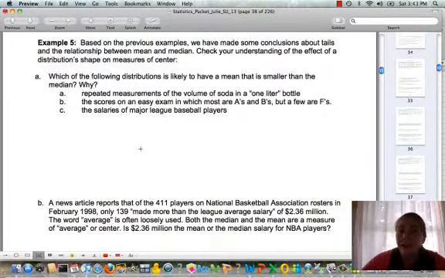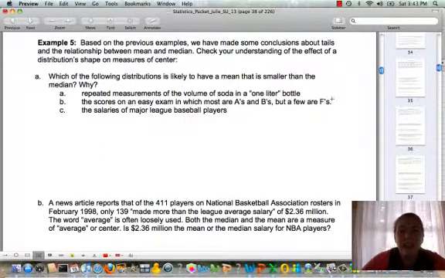Question A in example 5 asks, which of the following distributions is likely to have a mean that is smaller than the median? Why? Example A is repeated measurements of the volume of a soda in a 1 liter bottle. I would expect that to be pretty uniform or standard. Question B is the scores on an easy exam in which most are A's and B's but a few are F's.